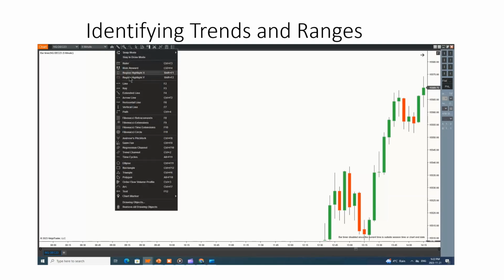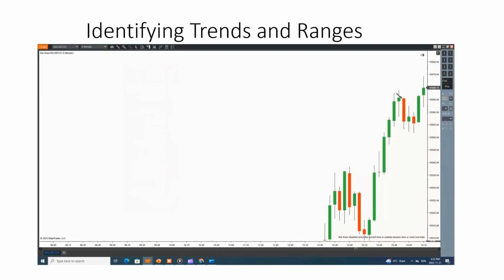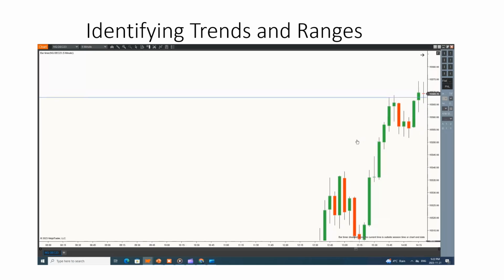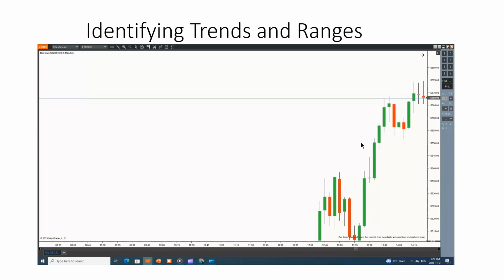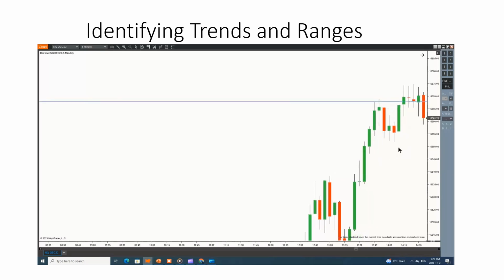Why? Because the market has closed above the range of this bar, and last three bars out of the last four bars are of green color. Market is in a range, red green red green. Now the market is in a downtrend.